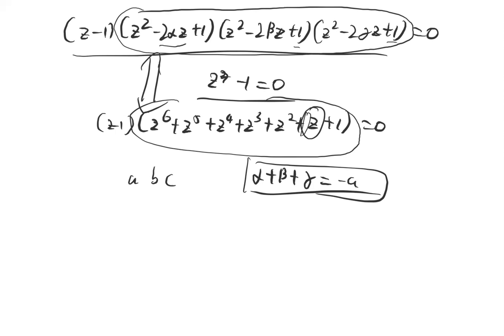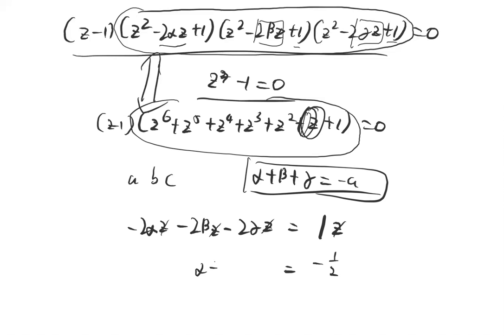It's the same for this and for this. So what we get is negative 2 alpha z minus 2 beta z minus 2 gamma z equals 1, because the coefficient here is 1, the coefficient here is 1, and at the end this is 1z, by the way. So z cancels out, and basically we have negative a half for alpha plus beta plus gamma. So A is negative a half, which is a half.